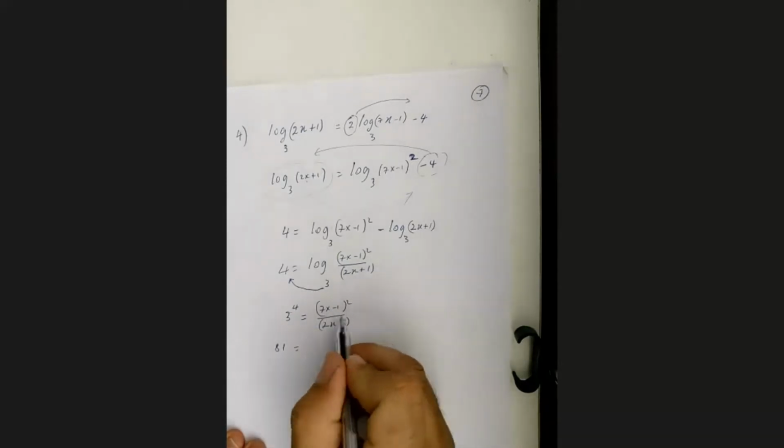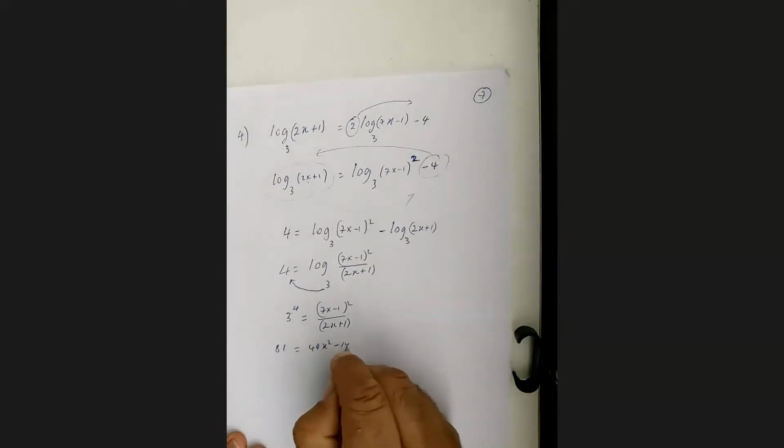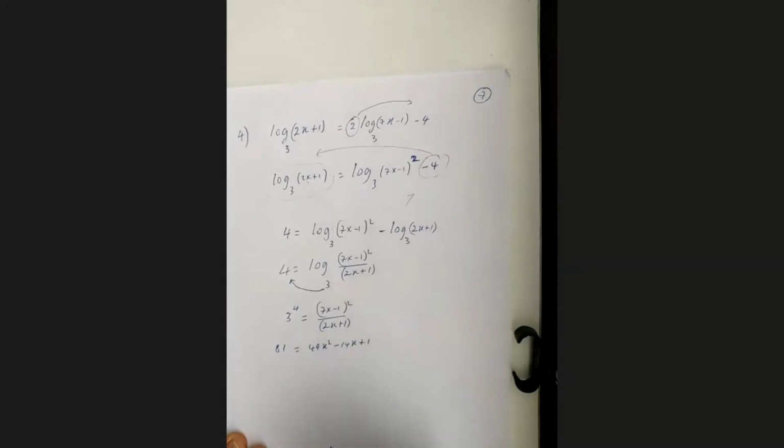What is the square of 7x minus 1? It is 49x squared minus 14x plus 1. And we have 2x plus 1. Now I am going to move that 2x plus 1 there.